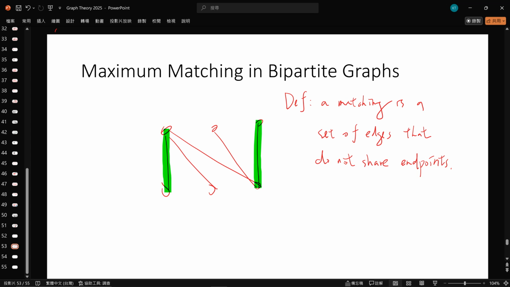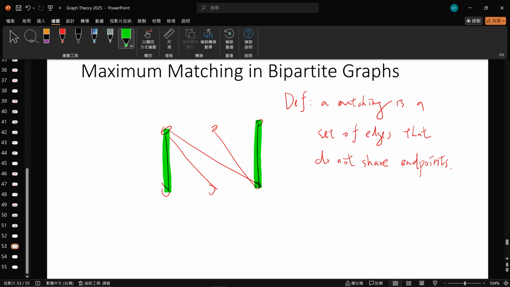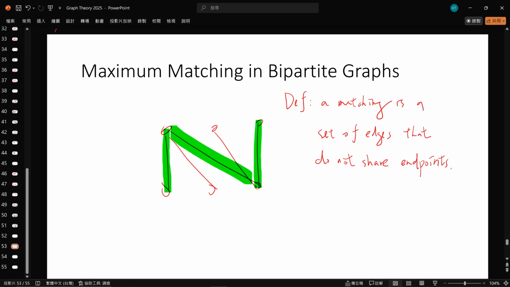Like these two edges, they do not touch, so they do not share endpoints. If you further add this edge, then this is no longer a matching because these two edges share an endpoint. So this is the definition of matching.